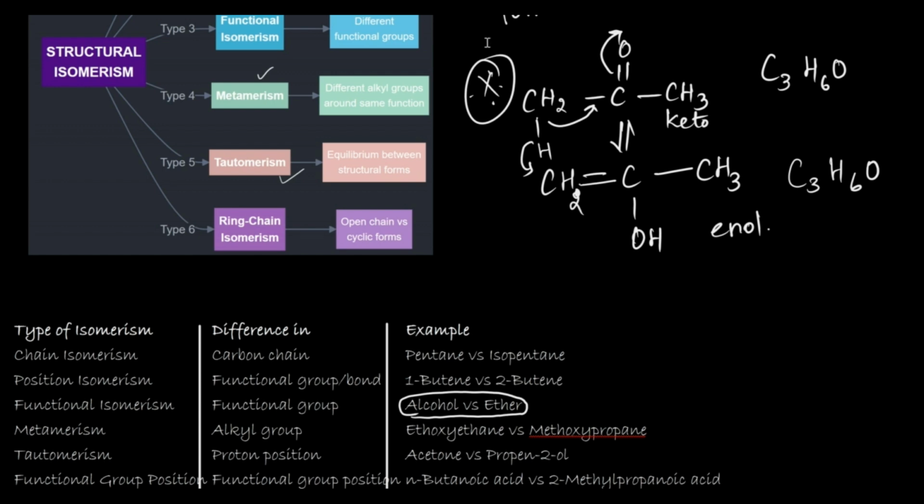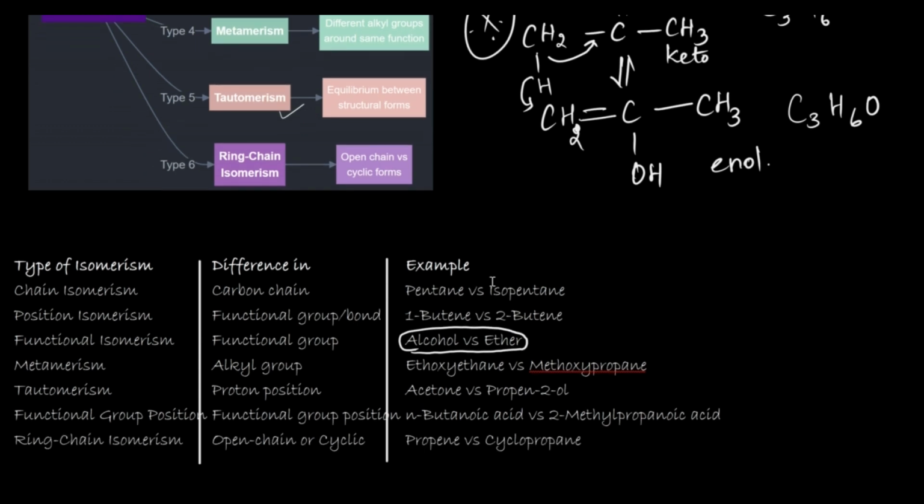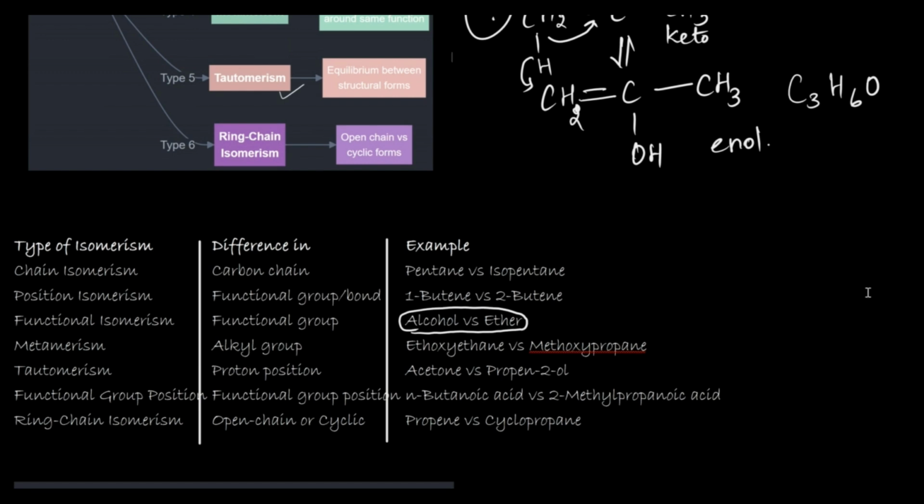Okay. The last type of structural isomerism is ring chain isomerism. That is very, very simple. If I am writing it in chain form, I can write it in ring form also. How? Let's say I am taking propene and cyclopropane, CH2 CH2 CH2.